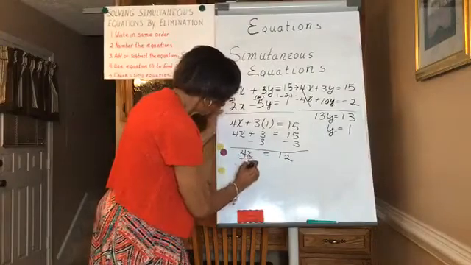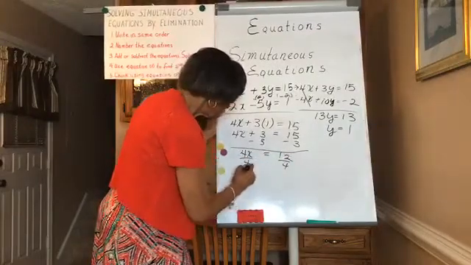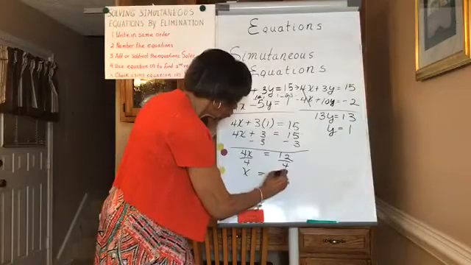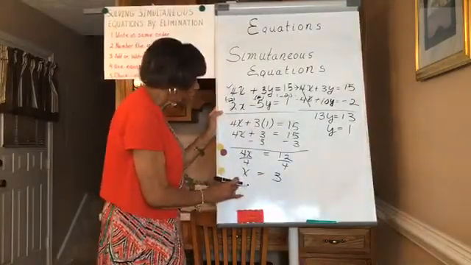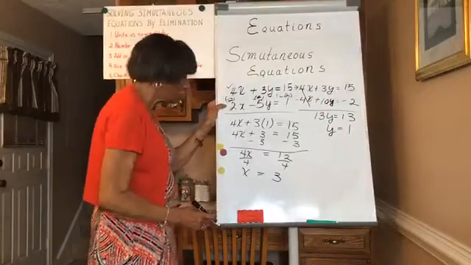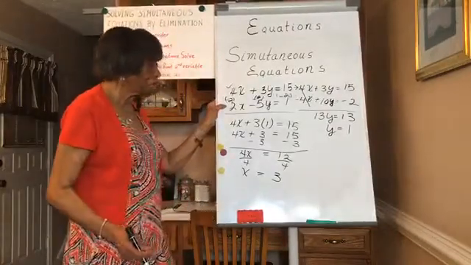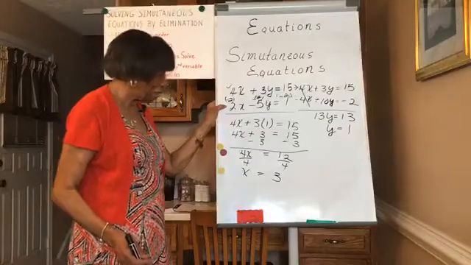And divide both sides by 4, and we have x equals 3. So we have solved this, we hope, but we have to go to the second equation and see if this makes this equation true as well.